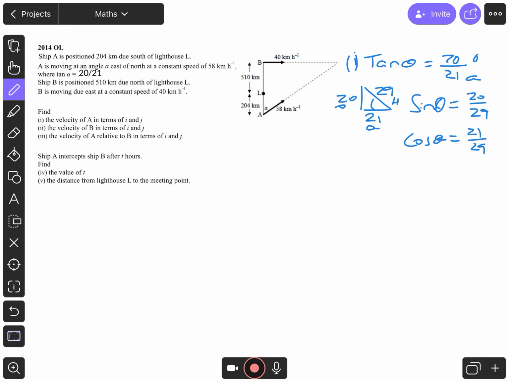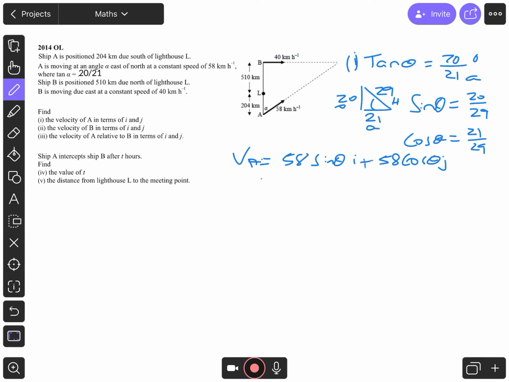We can use that fact now. We're looking for this angle in here, which is the angle going from north to east. Generally we don't go from north to east, we go east of north. So for this one, we have to swap our cosine and our sine. The velocity of A is going to equal 58 sine theta i plus 58 cos theta j, and we know we're going in a positive i direction and a positive j direction.